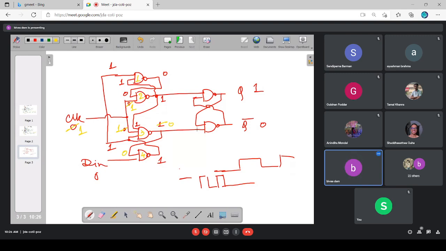Okay, fine. Any other change in the first stage? No, sir. Now in the second stage, what will happen? The Q bar will become 1. So that will come here and this will become 0.